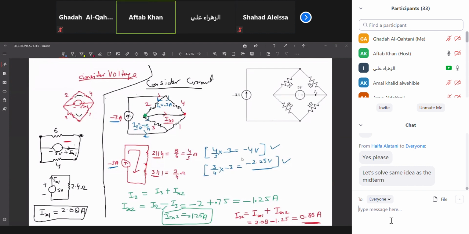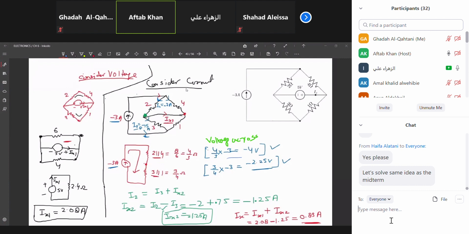So this is just how much will be the voltage across the parallel combination. What is that voltage across this parallel combination? How can I find the voltage here?